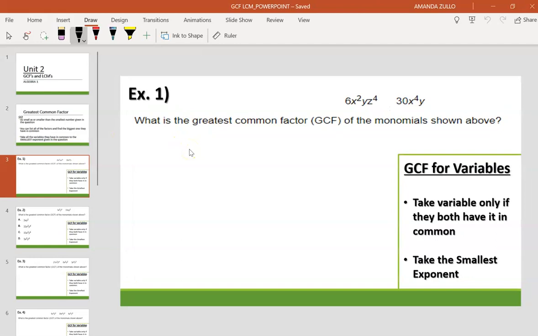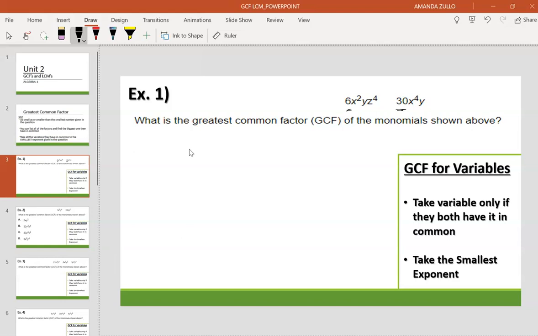Here we go. So it's asking what is the greatest common factor, or the GCF, of the monomials shown above. So in order to find the greatest common factor, we are going to have to find the factors of the numbers. The numbers that were given are 6 and 30.